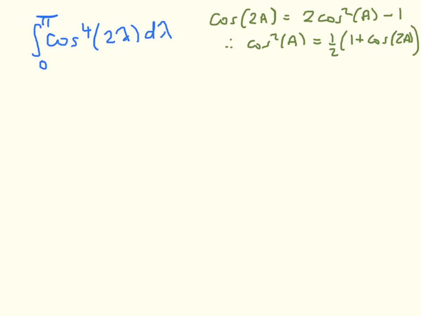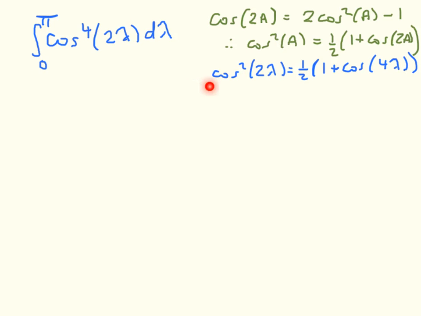So in particular, for us, cosine squared of 2 lambda is 1/2 (1 plus the cosine of, now it's 2 times 2 lambda, so that's 4 lambda).